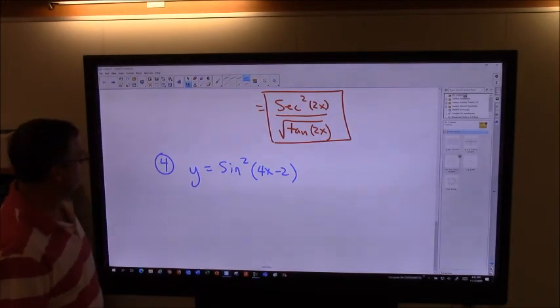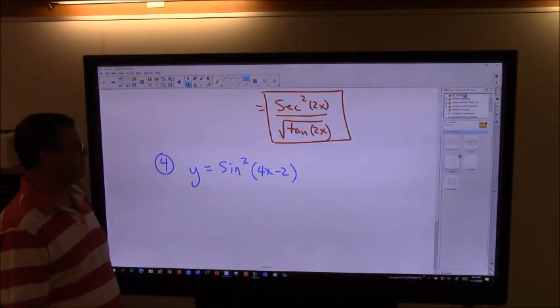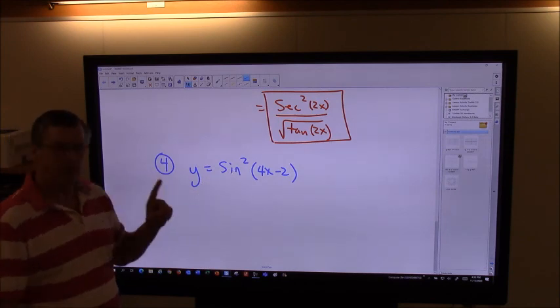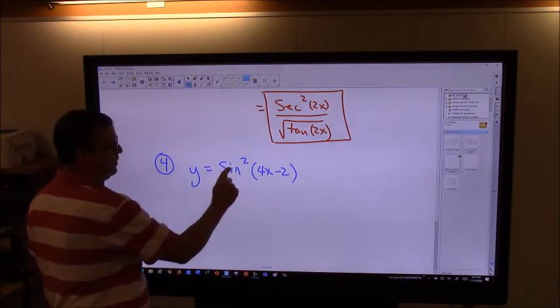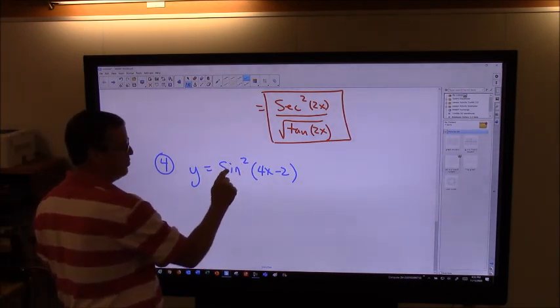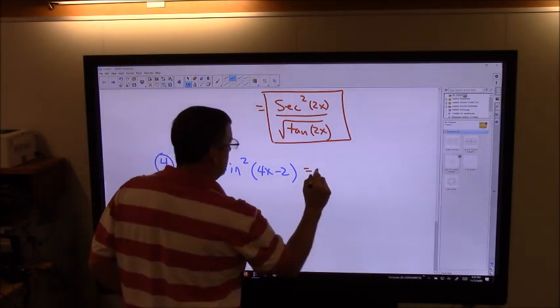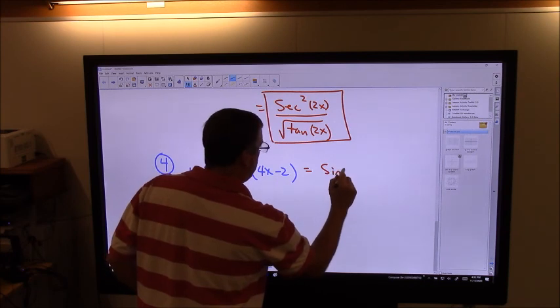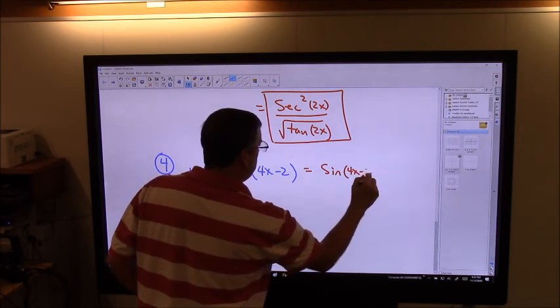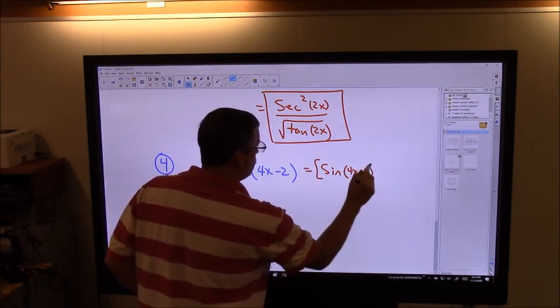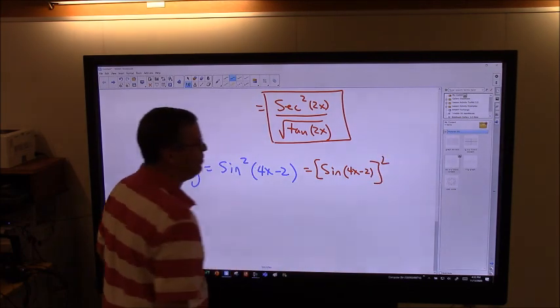All right, we've got y equals the sine squared of 4x minus 2. Something we really have to be careful of here is that when we're squaring a trig function, what that really means is I've got a sine of some angle, 4x minus 2, and I'm squaring that whole thing.